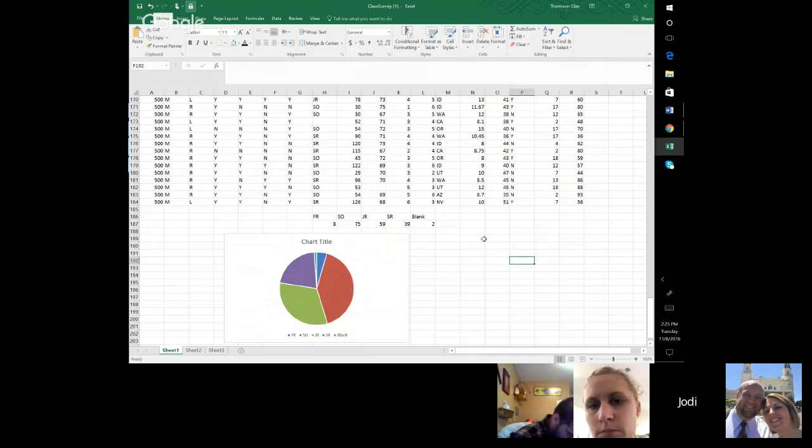Do you do count if and then H2 to H184, and then do you have to put parentheses and then click on it? No, just put a comma and then whatever your criteria is. So what you want it to count. So you want it to count if it's FR.